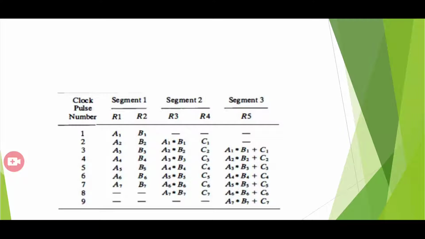So A1 * B1 is performed in the second clock pulse. In segment 2, C1 is input into the R4 register. At the same time, in segment 1, you can perform the next loop: A2 and B2 can be input into R1 and R2. So we perform the instruction Ai * Bi + Ci.